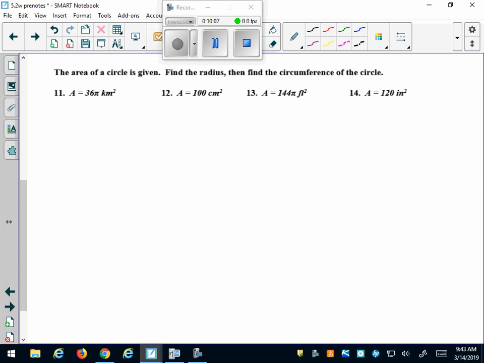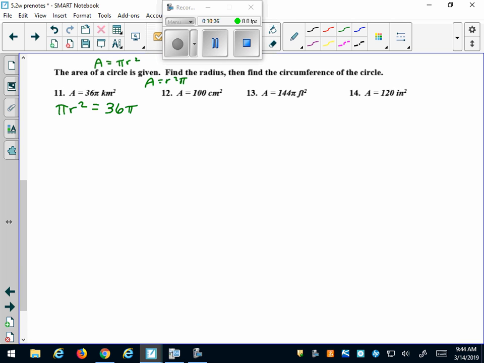Let's look at the bottom half of this now. Same idea, working backwards, except this time they give you the area instead of giving you the circumference. So in this case, we have pi r squared equals 36 pi, right? Because area equals pi r squared, or r squared pi. Either way, right? So now we want to solve for radius again.